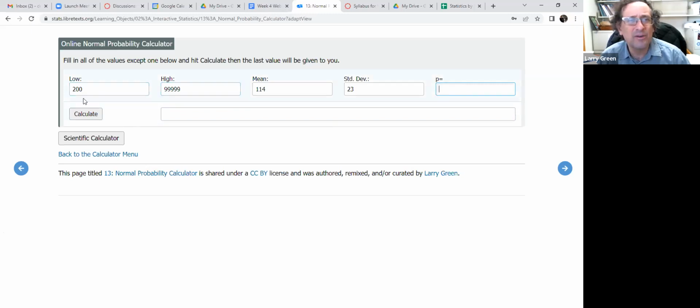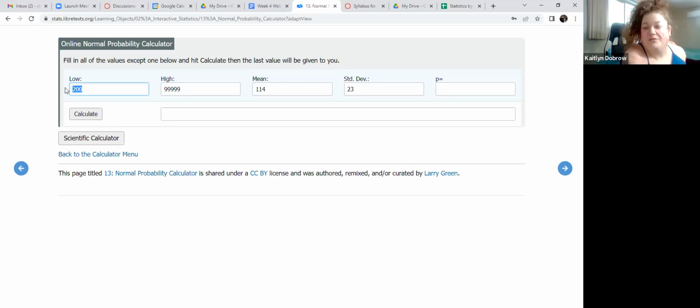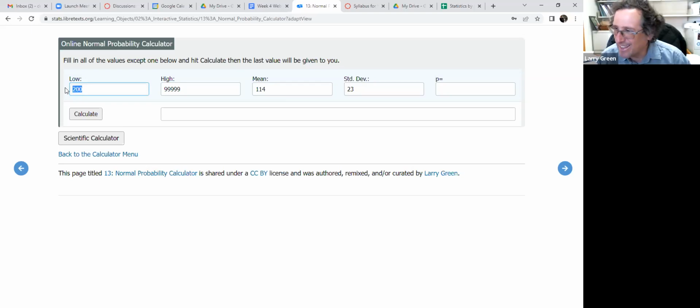What do you think the low is going to be if you're less than 90? Negative 5 nines. Exactly, because it's negative infinity, and we use the same rule: the maximum number of digits, which is 3, add 2 more, that's 5 nines, but on the negative side. So it's negative 1, 2, 3, 4, 5.